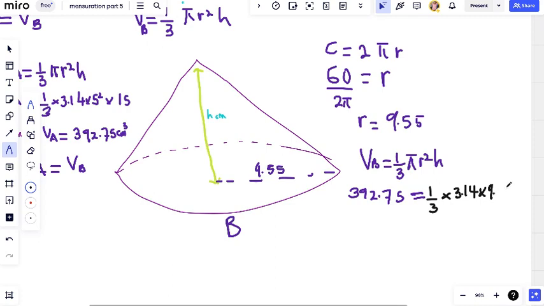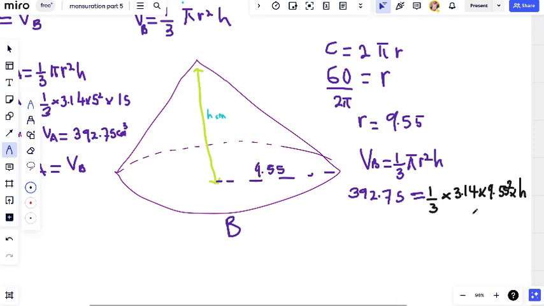So times 9.55 squared. Don't forget to square. If you forget to square, you fail it. 9.55 squared, or if you don't know, you just say 9.55 times 9.55. There, times h.